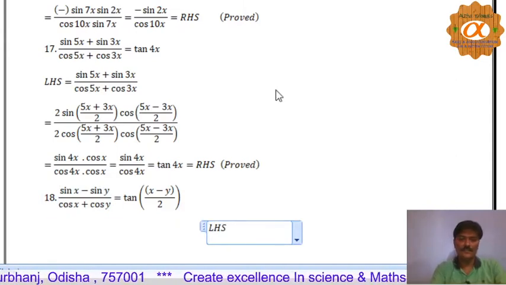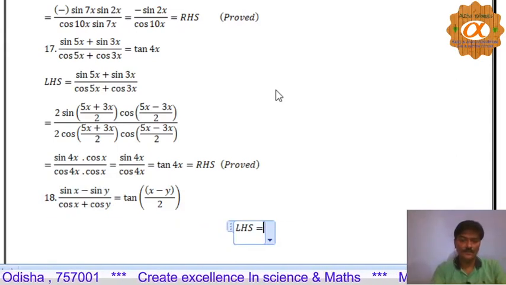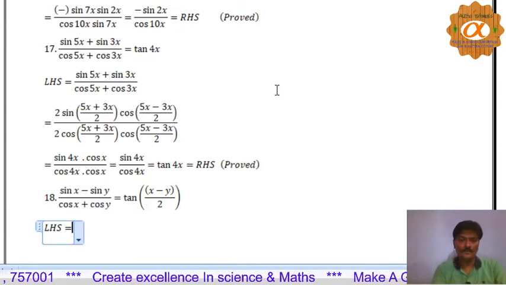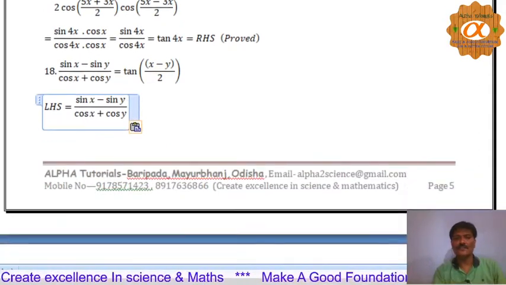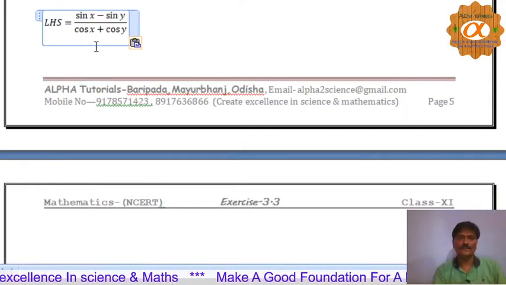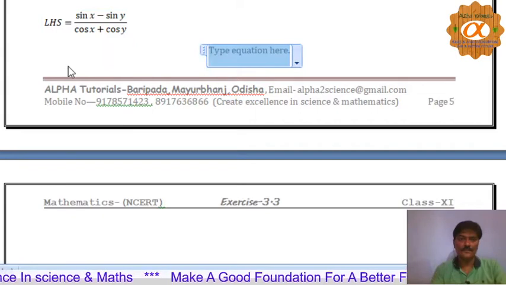LHS is equal to, now applying the formula once again, just scrolling the screen. Okay.